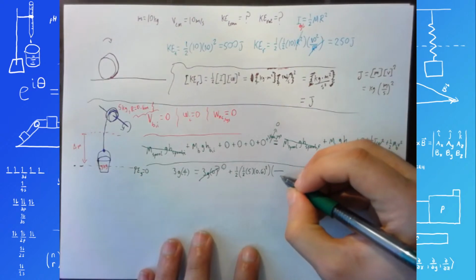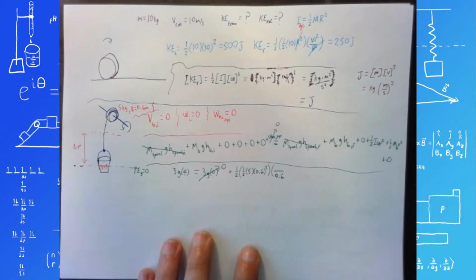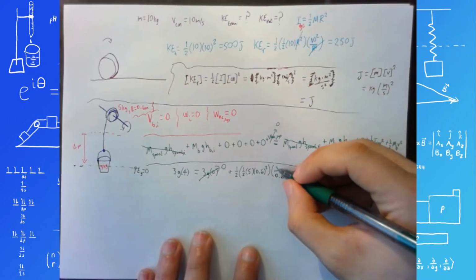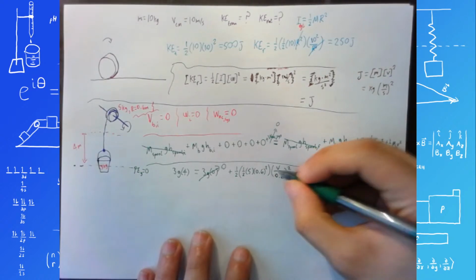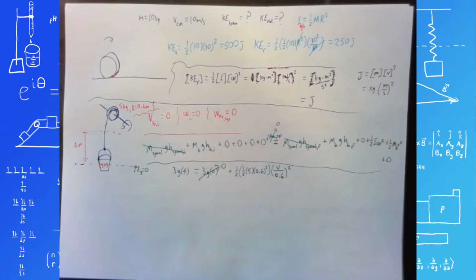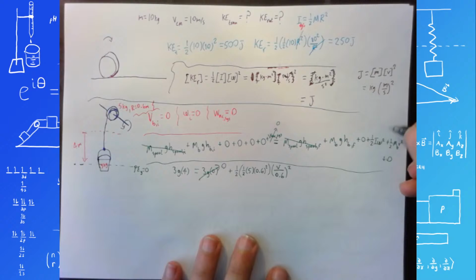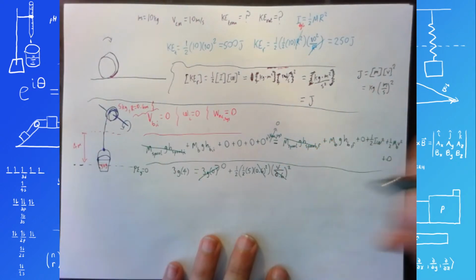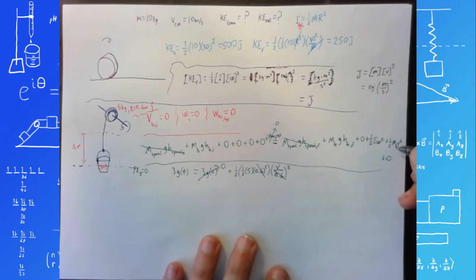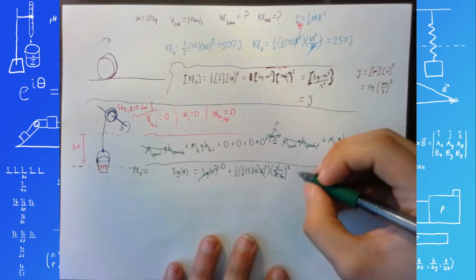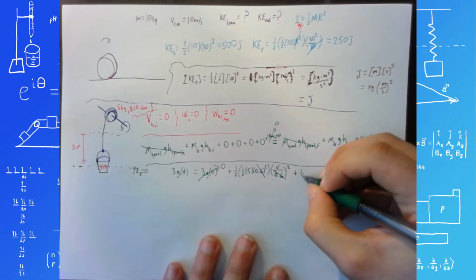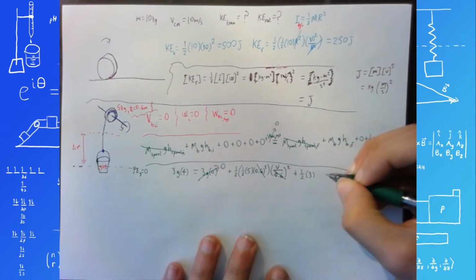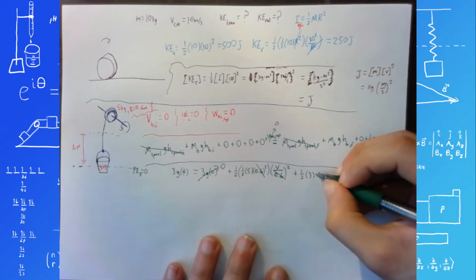So that's going to be v over 0.6 squared. It's the same v as the bucket has. So that's your 1/2 I omega squared taken care of. The 0.6 actually cancels out, so we didn't even need the radius. And then plus 1/2 mass of the bucket times v squared. So plus 1/2 times 3 kilograms times v squared.